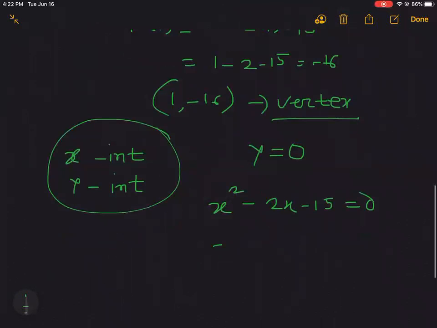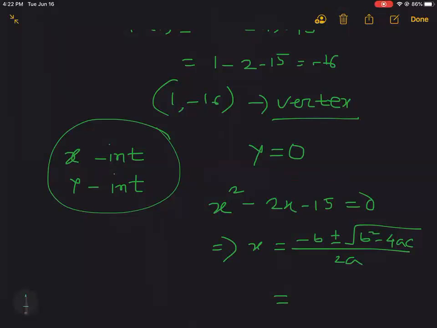If we solve it for x using this formula, the value of b is -2, so negative 2 squared minus 4 times a is 1, c is negative 15, over 2 times 1.